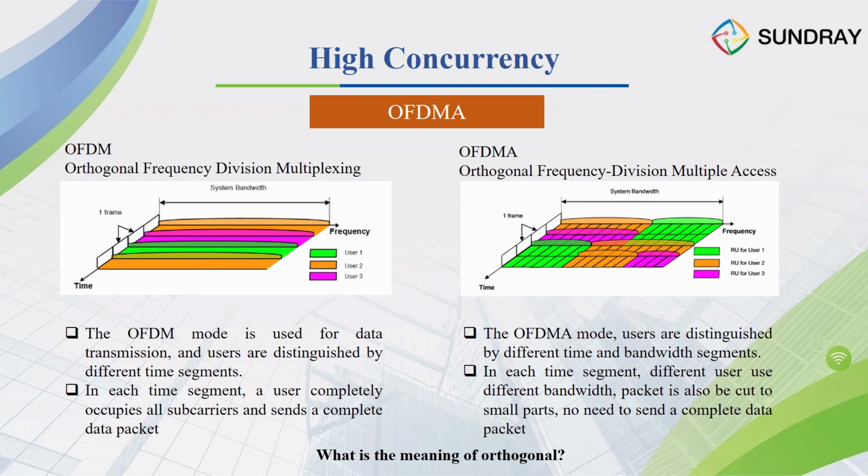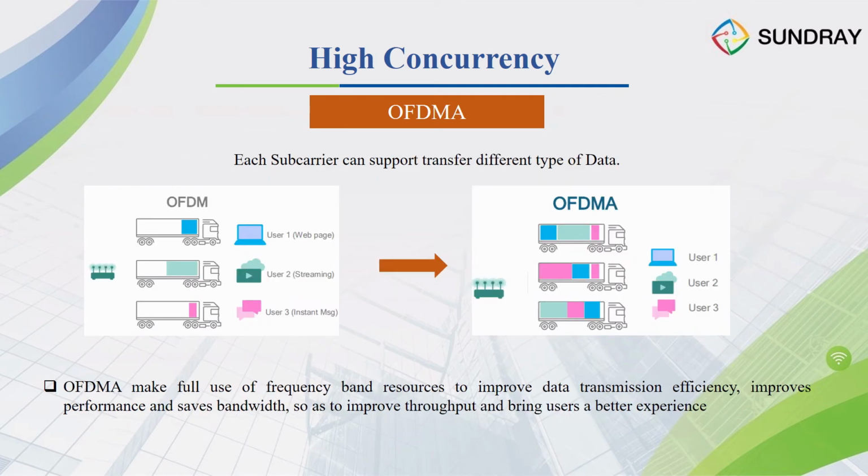And then is OFDMA. This is just an example, easy to understand. You can think of one car as one sub channel, right? One car carries one person, one user. And when we go to OFDMA, it means one car can be shared by multiple users.